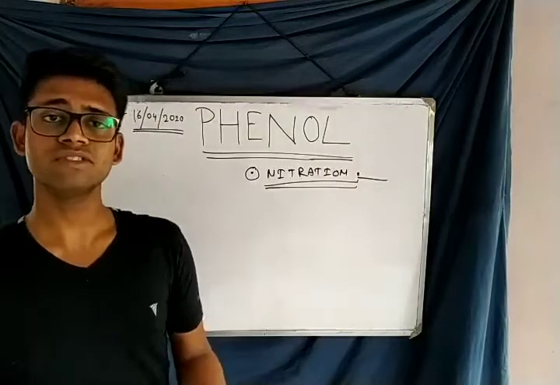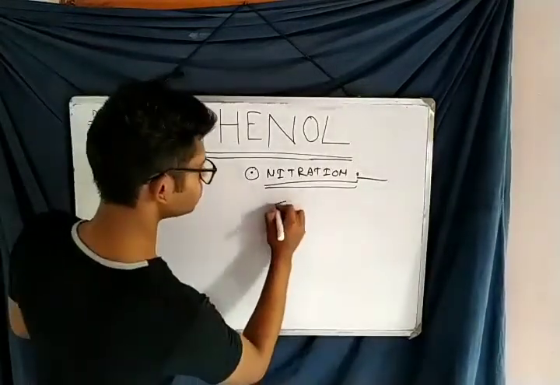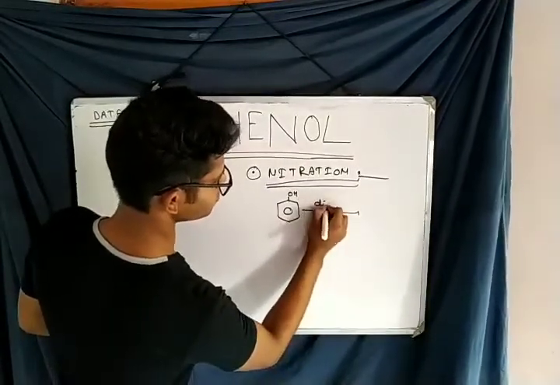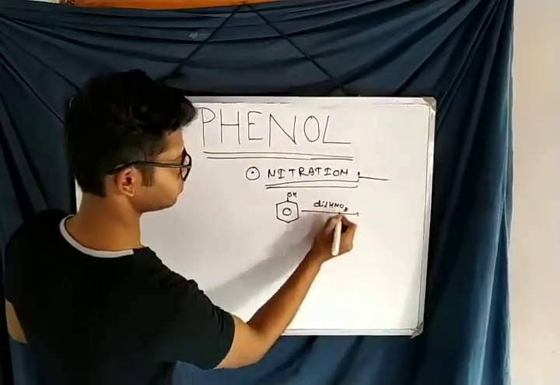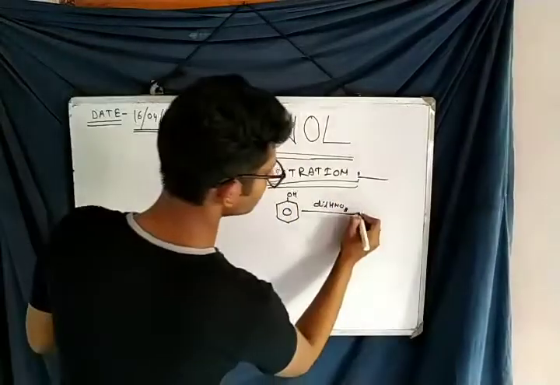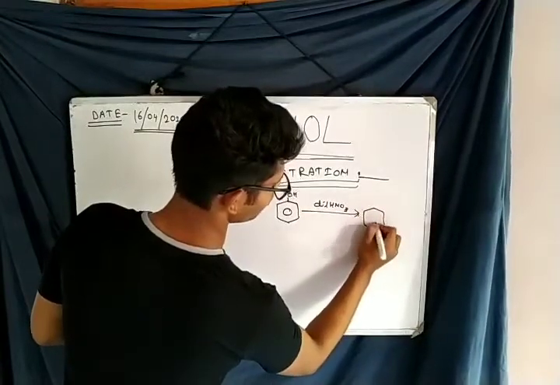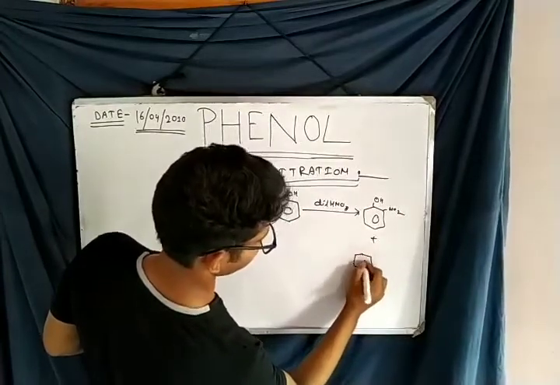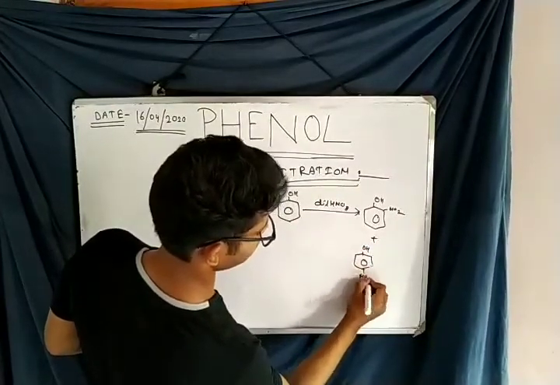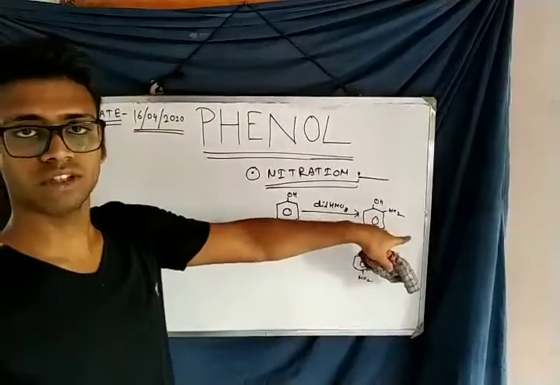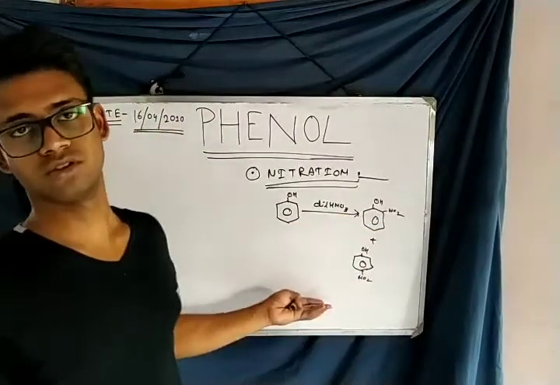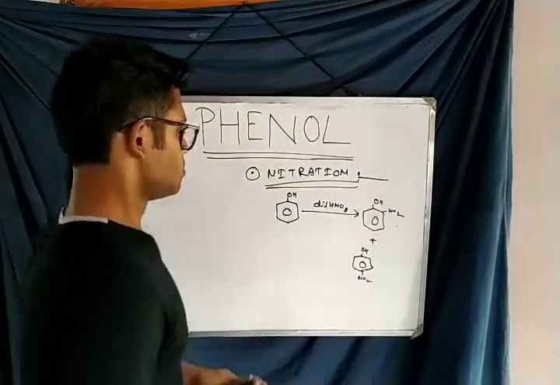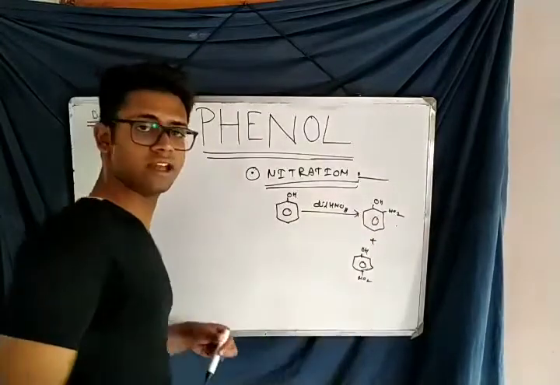If we use dilute HNO3 as the reagent with phenol, two products are obtained, similar to bromine: OH with NO2 plus OH with NO2. One NO2 group is attached at the ortho position of the ring and one NO2 group at the para position. In this case, this is the major product and this is the minor product. So this is all the exceptional cases of phenol.